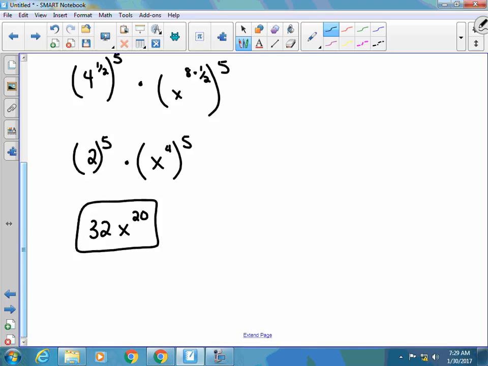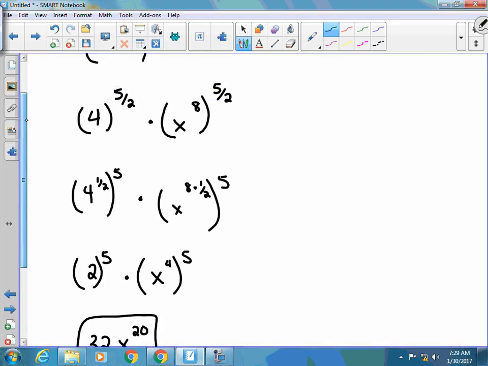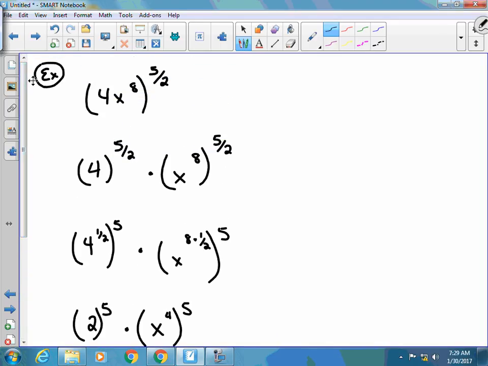So the process is still the same. Just knowing that based on our properties of exponents, that 5 halves goes to the 4 and the x. So looking at that, I know then that I have 4 to the power of 5 halves times x to the power of 8 to the power of 5 halves.